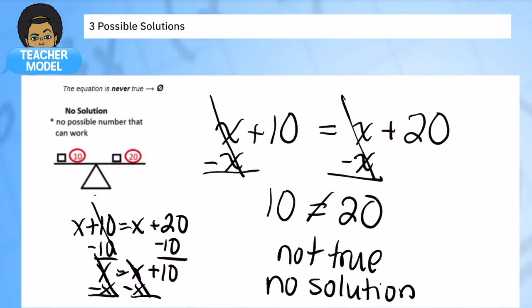So now I have nothing on one side, and I just get 0 is equal to 10. That cannot be true. 0 cannot be equal to 10. Again, this is not a valid solution. So if algebraically you work through the problem and you find that there is no answer that is a true equation, then know that there is no solution to that equation. Hit pause and let's add this to your notes.